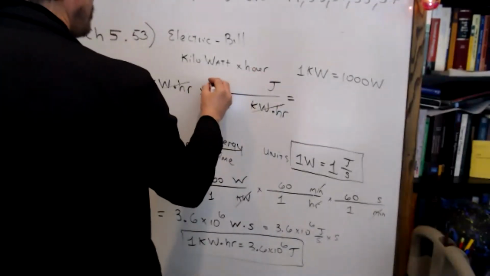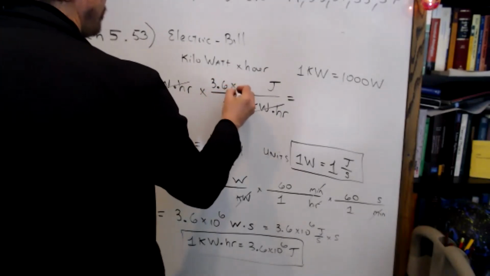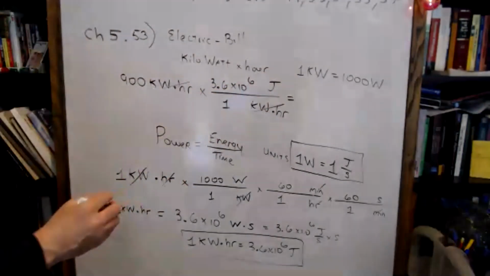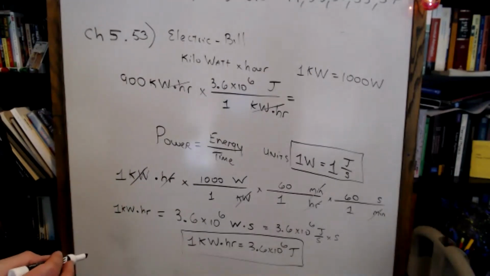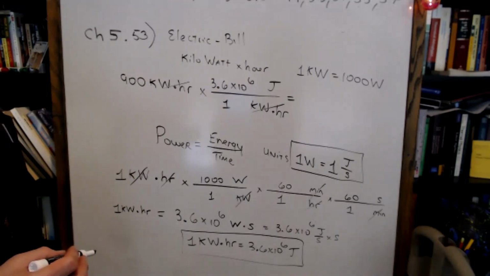Yeah. All right, 900. 3 times 10 to the 9th.